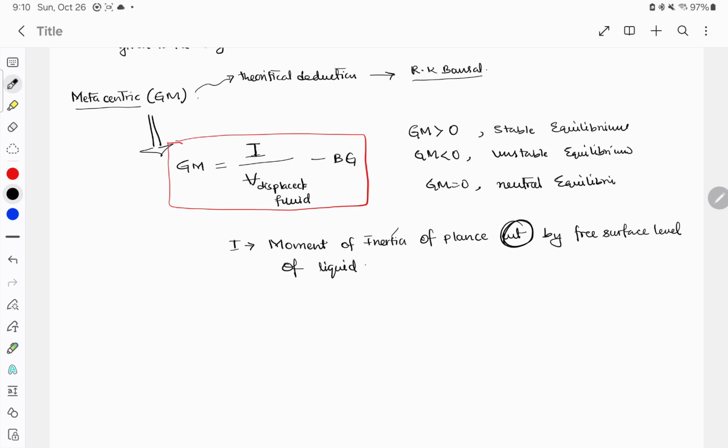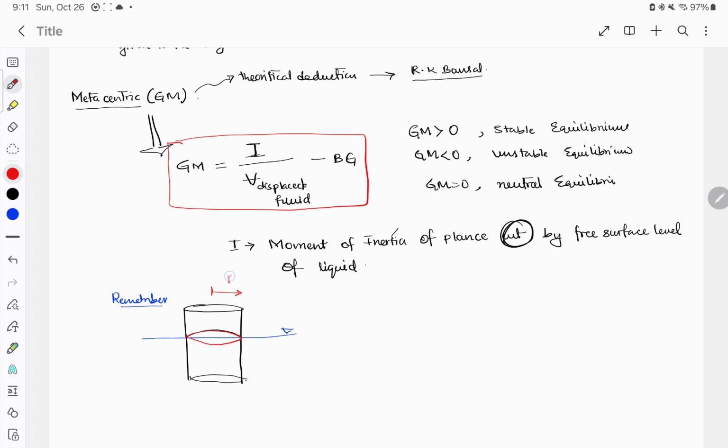So let us say a cylinder is floating on water, again for a metacentric height case. I should take the moment of inertia here.